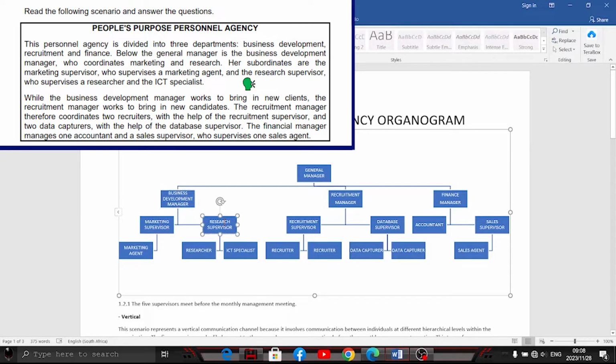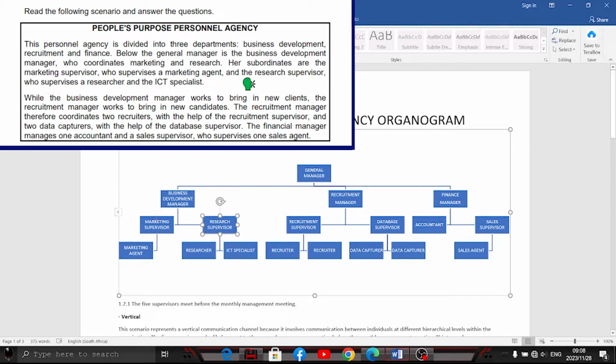Her subordinates are the marketing supervisor, who supervises a marketing agent. So under the business development manager, as one of the branches under business development, we have marketing. Marketing is being run by the marketing supervisor, or the marketing team rather.